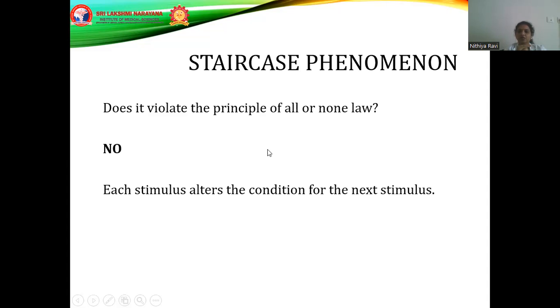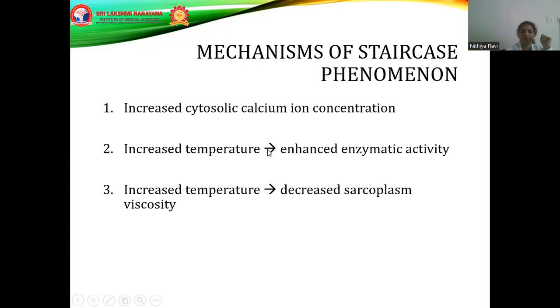Okay. In case of the staircase phenomenon, the interval at which you are giving the stimulus is going to be very short, less than 10 seconds. When you do that, each stimulus will alter the presetting for the next stimulus.